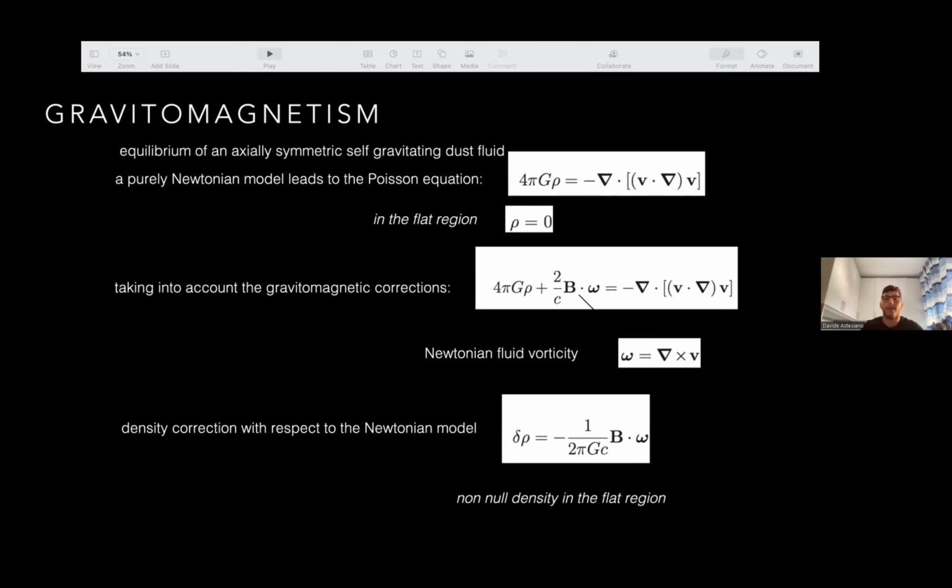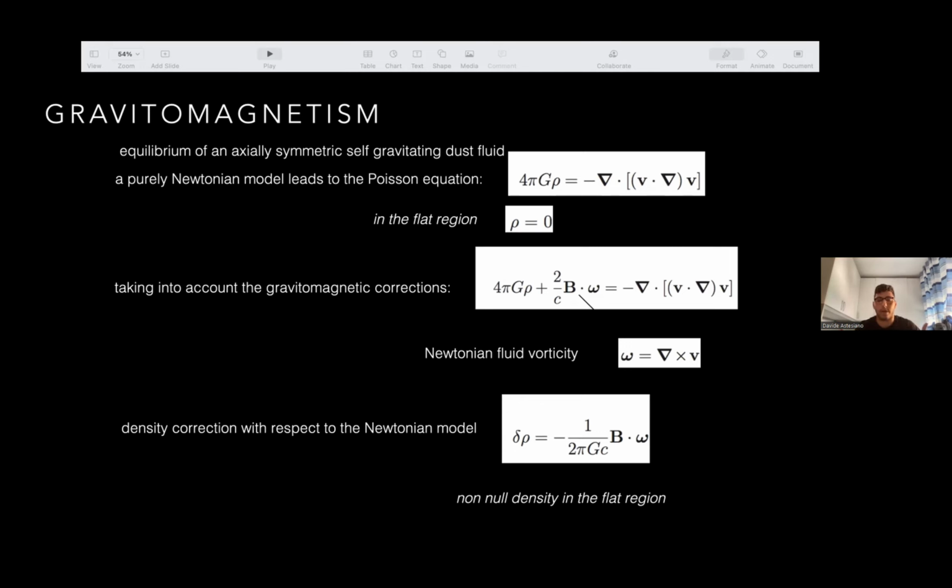You see here what happens, something that I told you before. We have this term that we call density correction with respect to the Newtonian model. Let's say we are in the Newtonian case. We measure some velocity v and then we fix rho. But more generally, we have other terms here. In the case of gravitomagnetism, we have this term that we can choose in such a way that we can reduce the density needed to describe the motion. So this is the density correction in the case of gravitomagnetism.